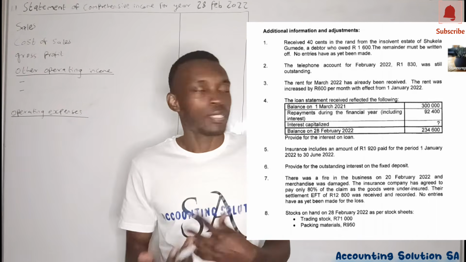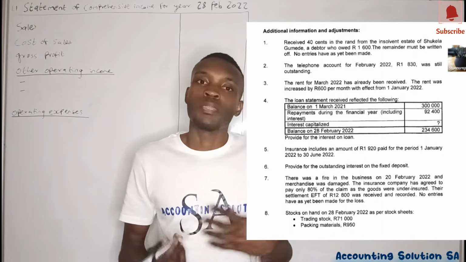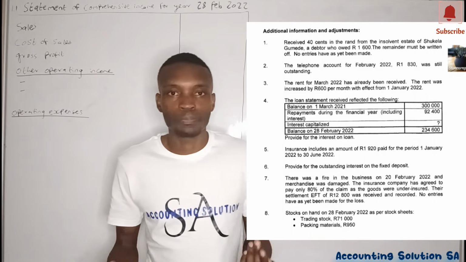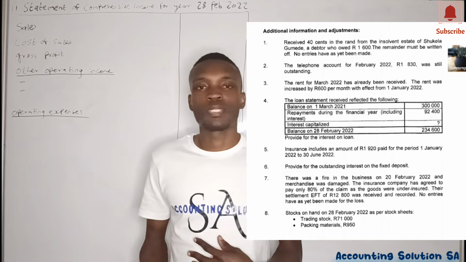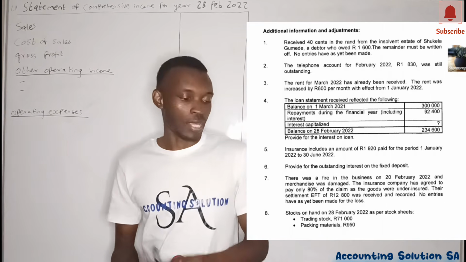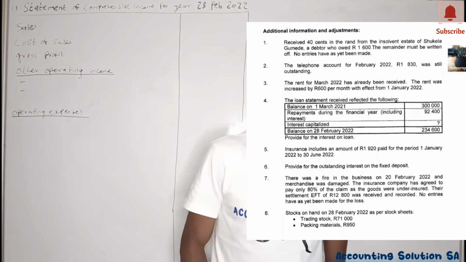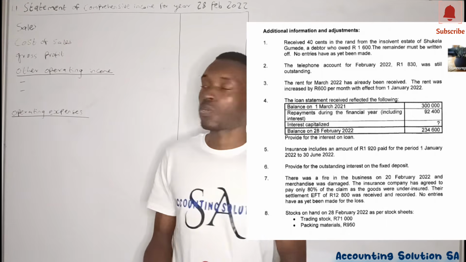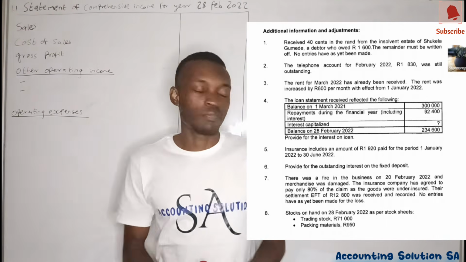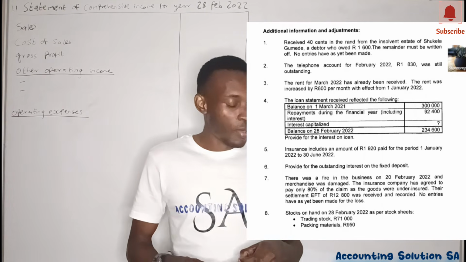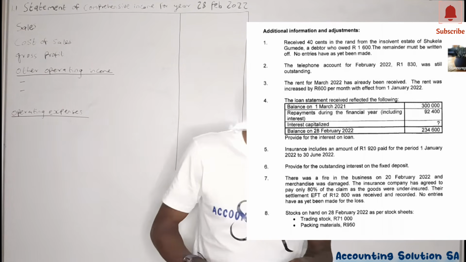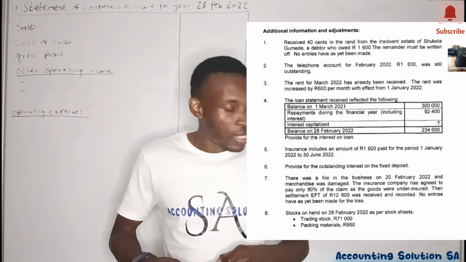When we say a bad debt, it simply means that that amount we won't be able to recover, which means that on our side, it's an expense, it's a loss to us. Okay, then this transaction, of course, we are going to record under the income statement. Then number 2, a telephone account for February 2022 of 1,830 was still outstanding.